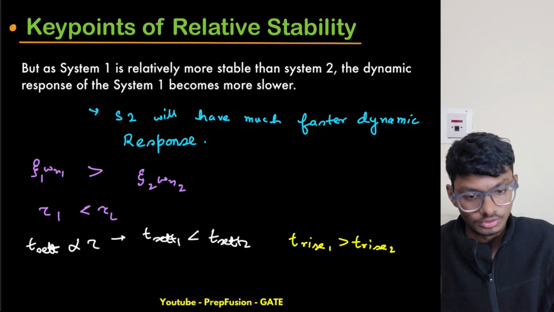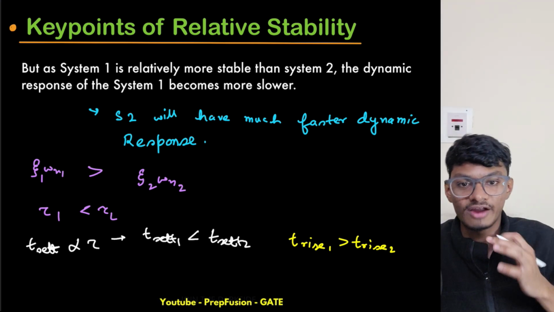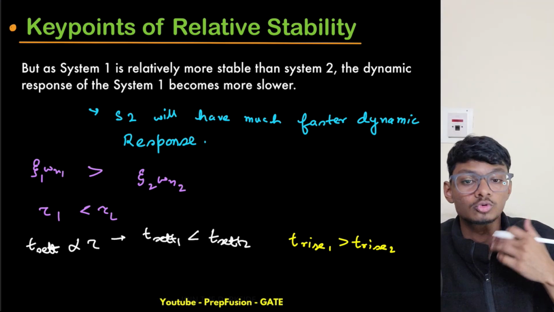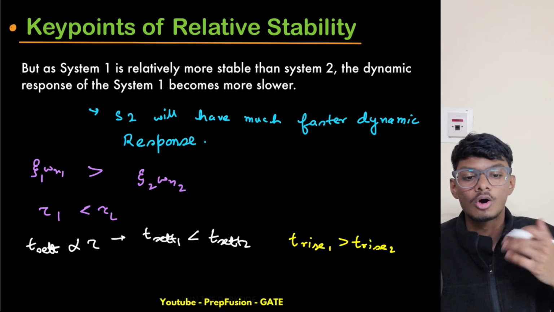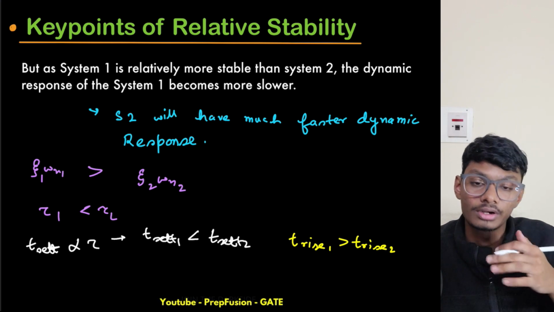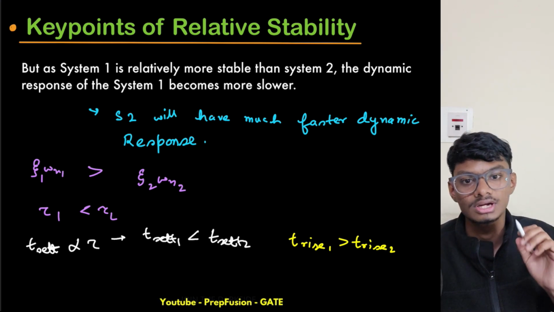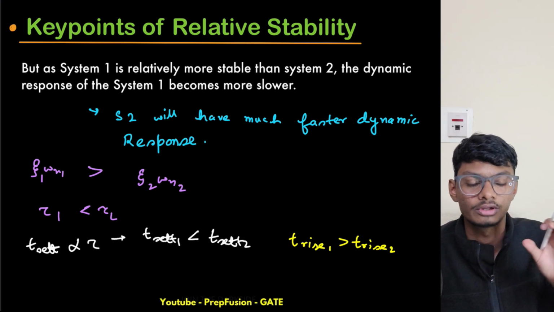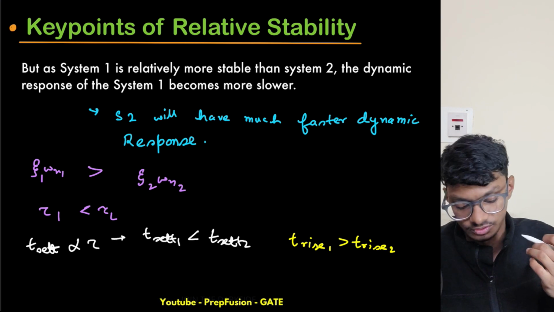Okay, so that we know. So you have to have the perfect balance, right? Whether you want too much relative stability, or whether you want good dynamic response also, all these things, that's what a good control engineer does. He understands and respects what things he needs to pick, and has a balance between all those things.